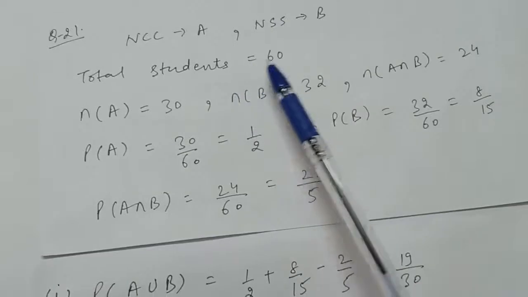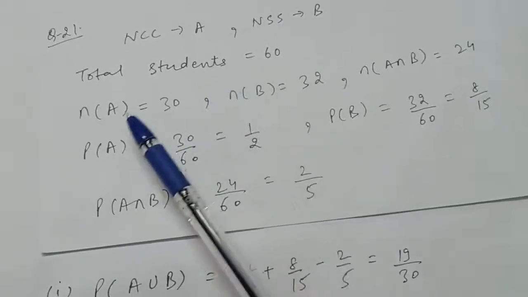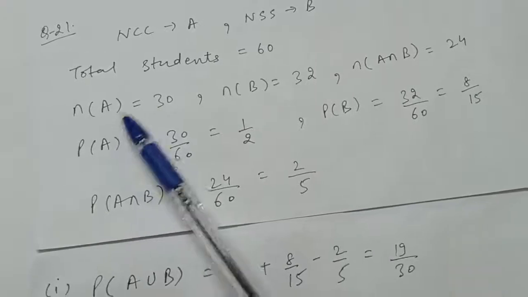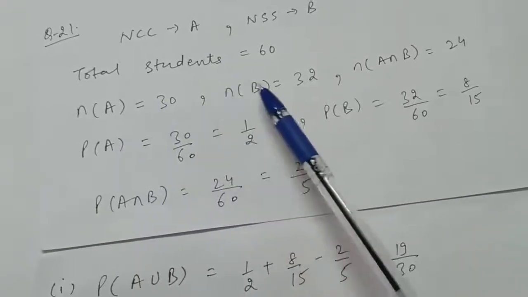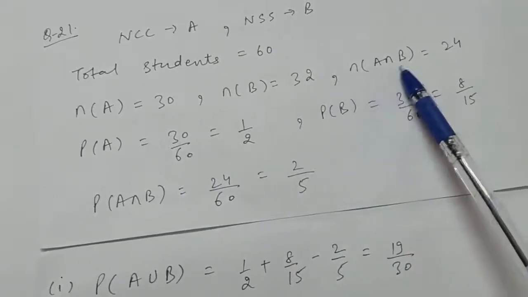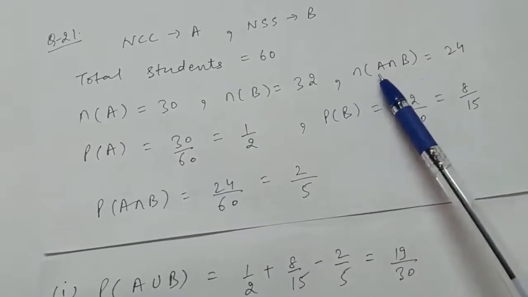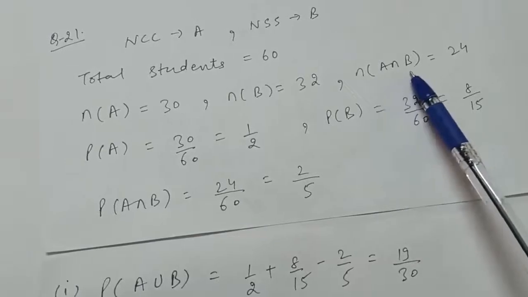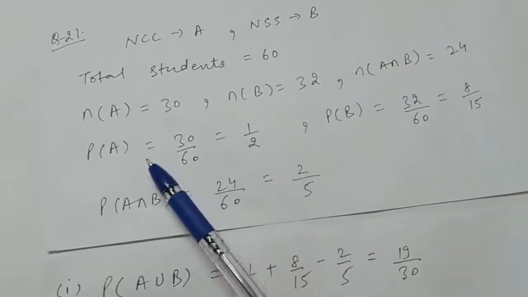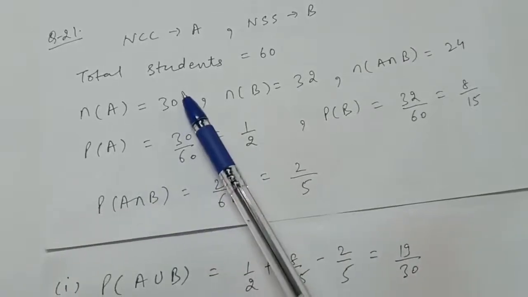Now total students is 60. Number of elements in A, that is number of students opted NCC, is 30. And number of elements in B is 32, and number of elements in A intersection B, that is the students opted both NCC and NSS, are 24. So find the probability of A. Do not get confused.